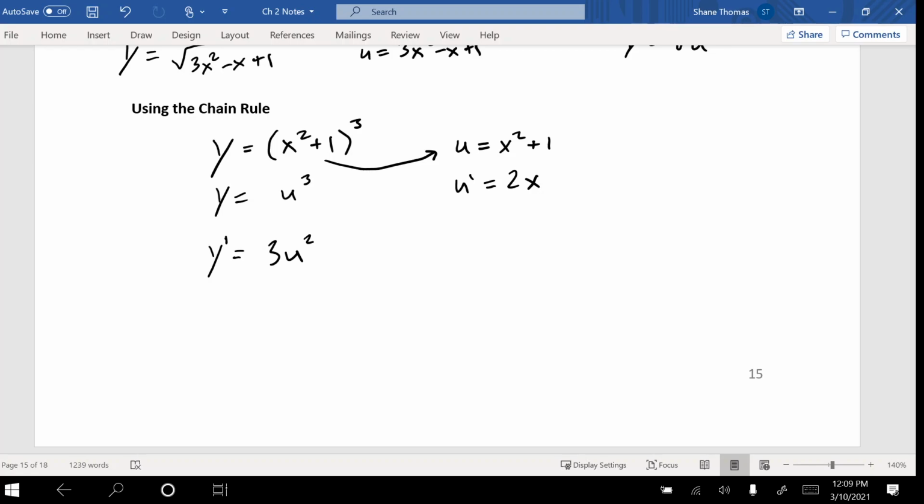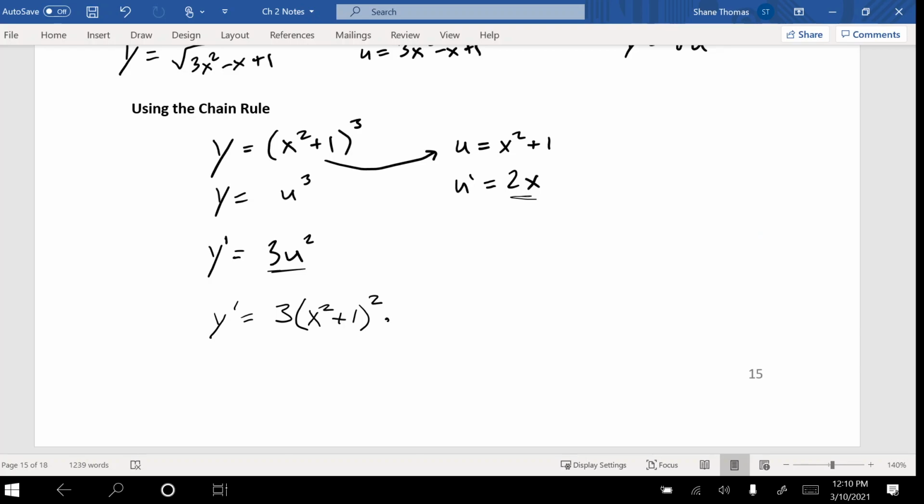Now I bring it back in, and y prime is going to be this times this. Okay, so I have 3. Now, what was my original value of u? x squared plus 1. So I plug that back in. All I did was plug that u back in.